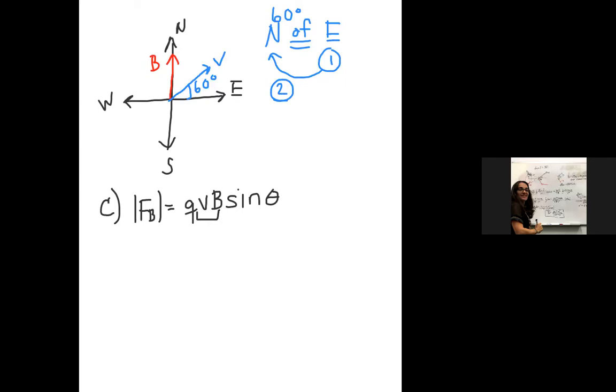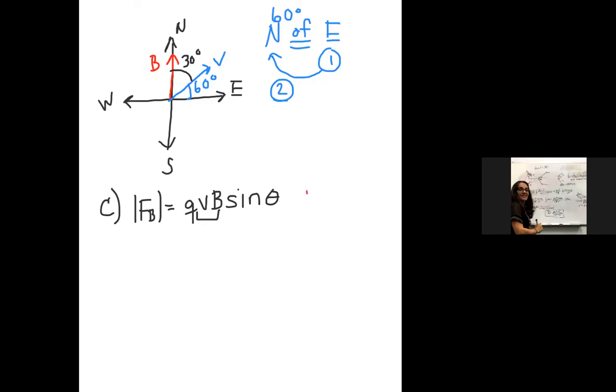So what is theta? It's actually not 60 degrees. It's the remaining 30 degrees, right? It's between V and B, not between V and the eastern axis, but between V and B. Okay, draw it as many times as necessary.